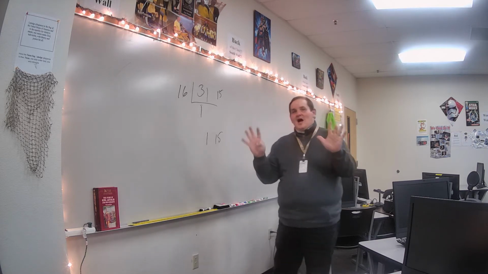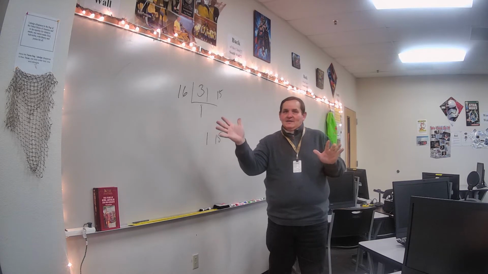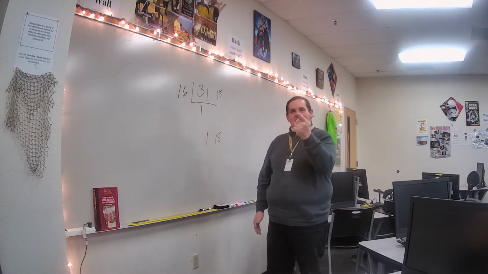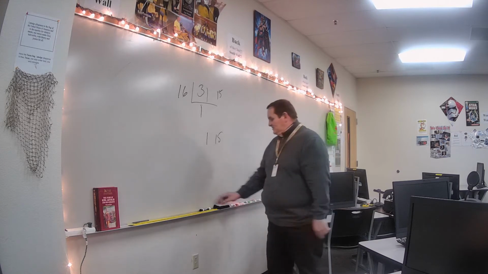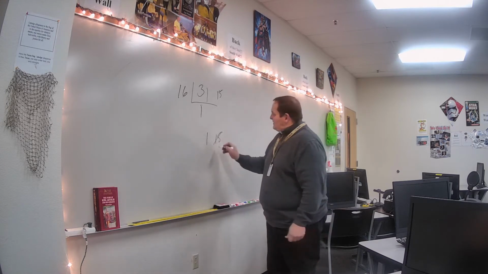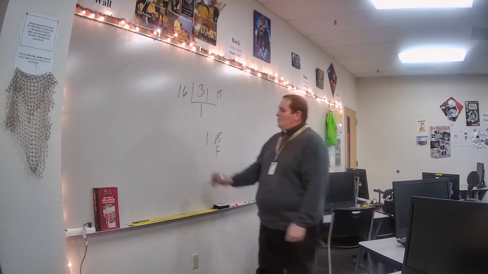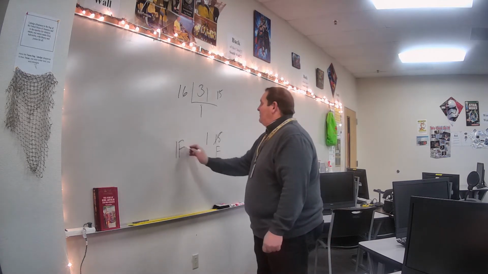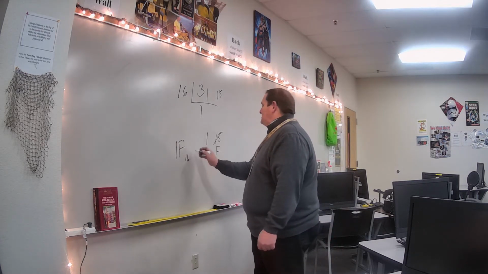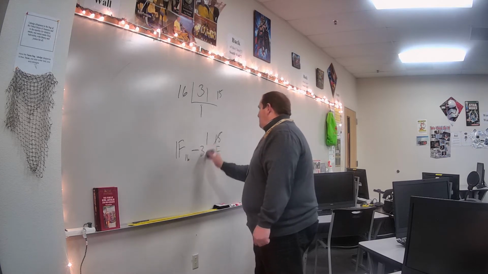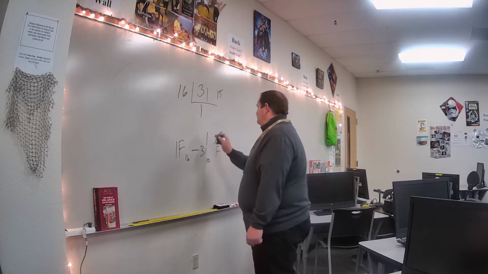So 9, A, B, C, D, E, F. That's 15, so it's F. So 15 is actually F. So 1F in base 16 is the same as 31 base 10.